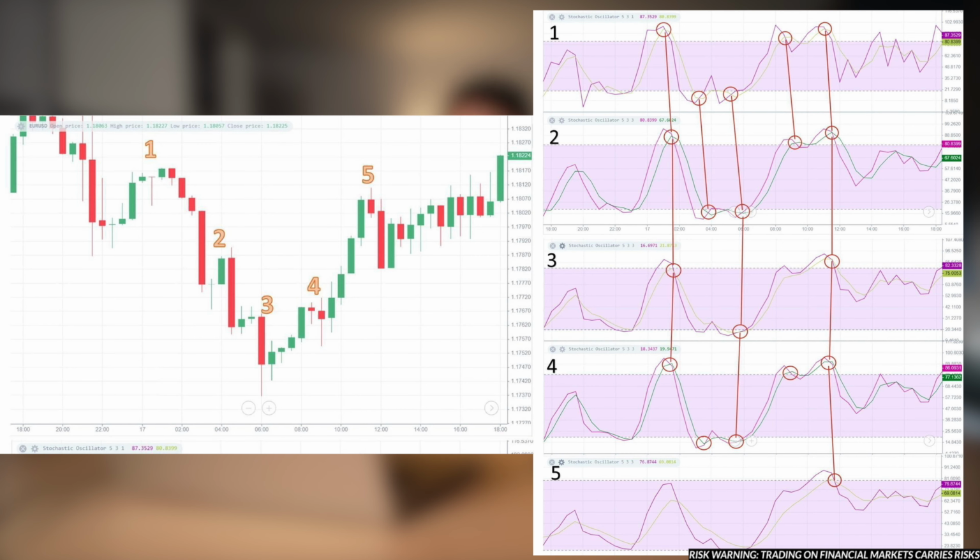In the case when we trade, for example, Forex, like on this price chart, the numbers can correspond to 5 signals of the stochastic oscillator. It's clear that the second and fourth signals are fake. The first and fifth ones reflect the local correction, but the most valuable signal is the third one, which indicates a trend reversal.